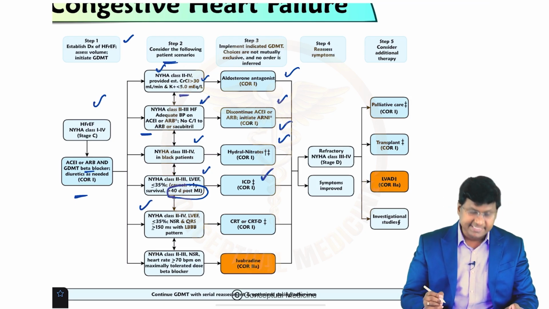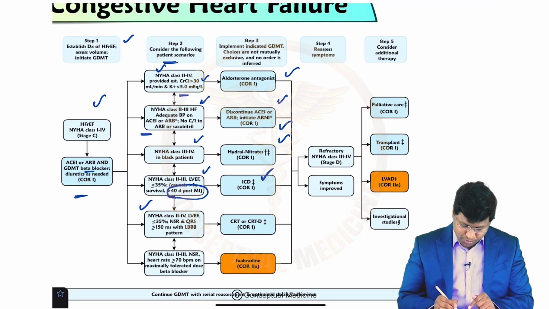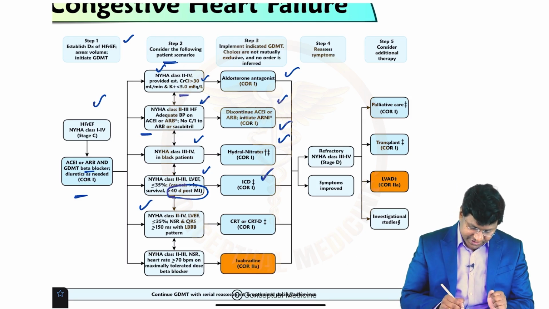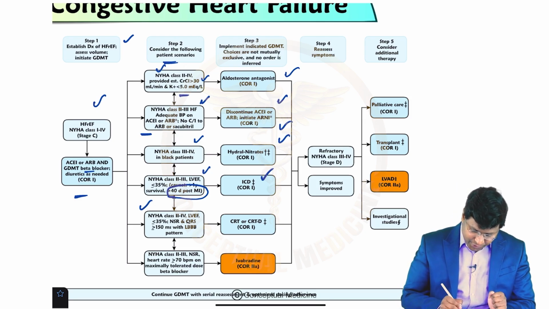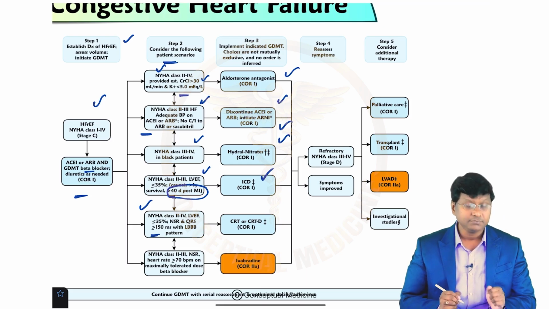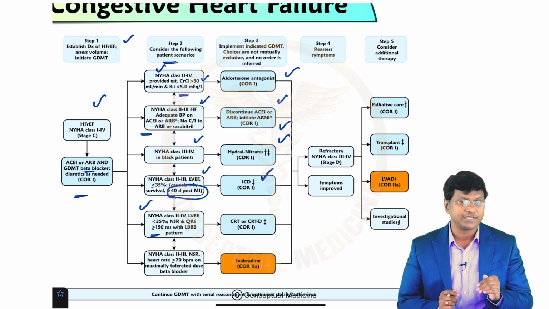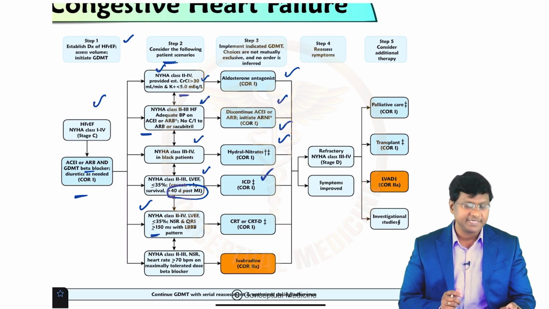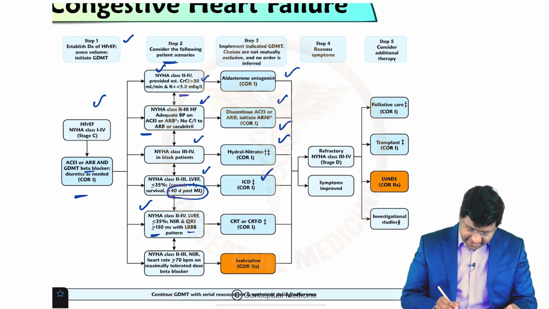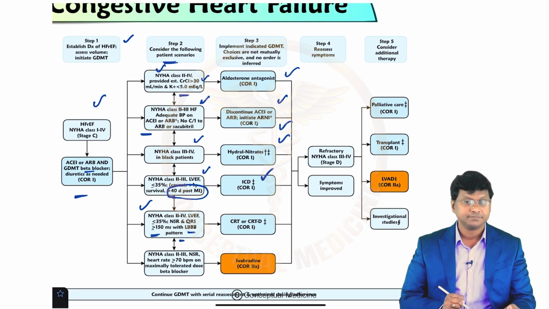The other scenario is NYHA class 2 to 4 with ejection fraction less than 35% and QRS complex more than or equal to 150 milliseconds with a left bundle branch block pattern.